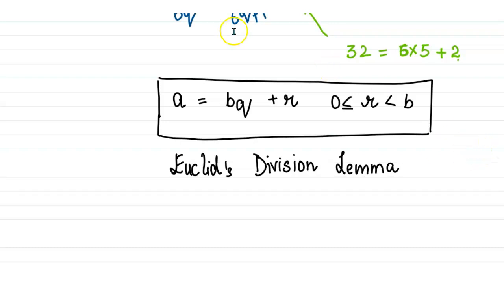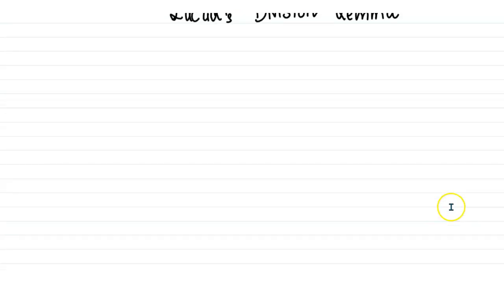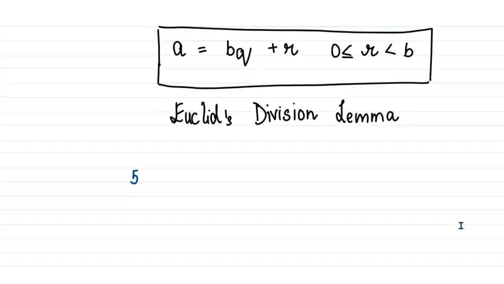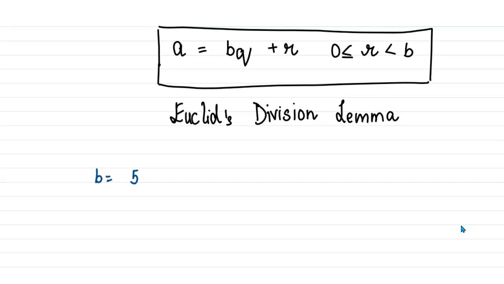For example, if you have the divisor 5, so the forms of number when B is 5, R can be either 0, 1, 2, 3 or 4.